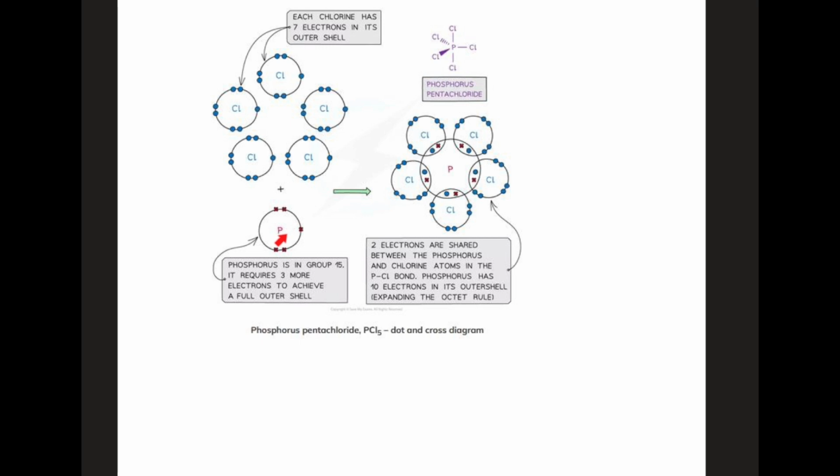So it can have the expanded octet, which means more than 8, because it has 3d orbitals to do that. So they can take 5 chlorine, 1, 2, 3, 4, 5, and form 5 single bonds. So altogether, phosphorus has 10 electrons. But you see the terminal atoms, they all have 8 electrons. So this is again what we call the expanded octet.